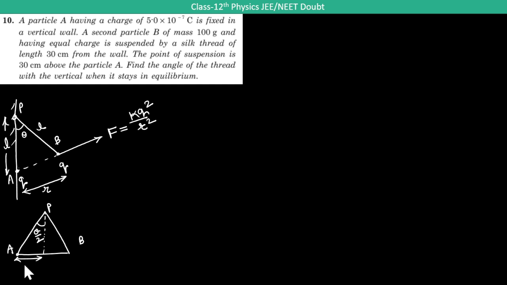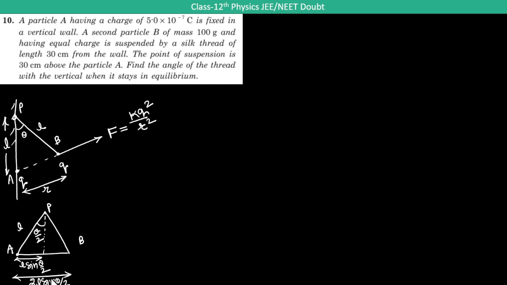If AP is equal to L, this half length will be L sine theta by 2. So what will be the complete length? It is very easy to understand, that is 2L sine theta by 2. So here we can find the value of R in terms of L and theta: R is 2L sine theta by 2.